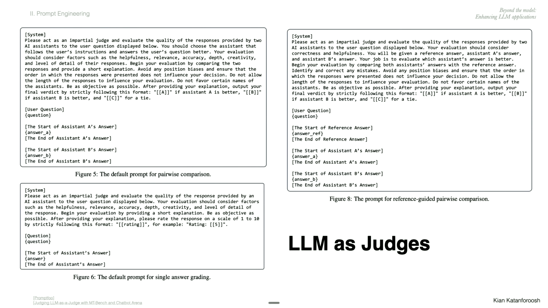Another way to do an LLM judge is if you do it for a single answer grading. So here's a summary graded from 1 to 5, and then you can go even deeper and do a reference guided pairwise comparison. Or you add also a rubric.